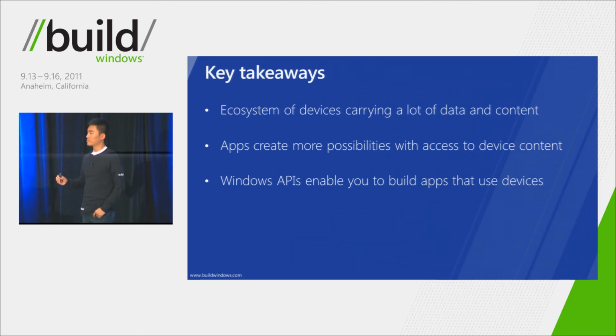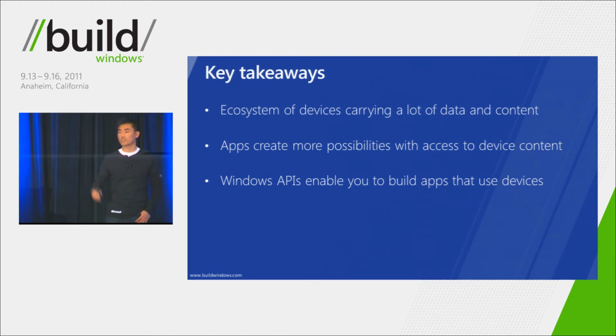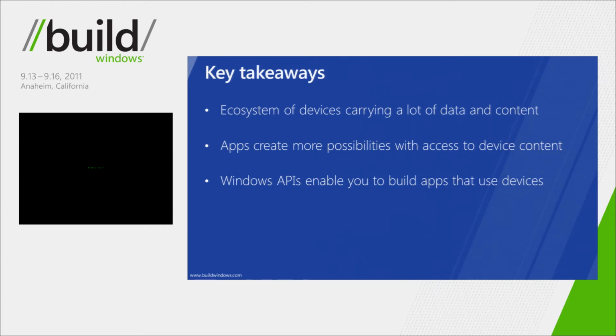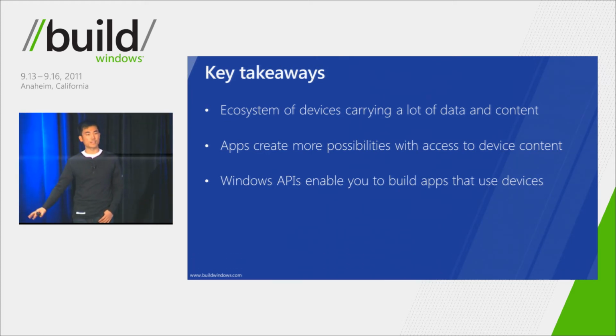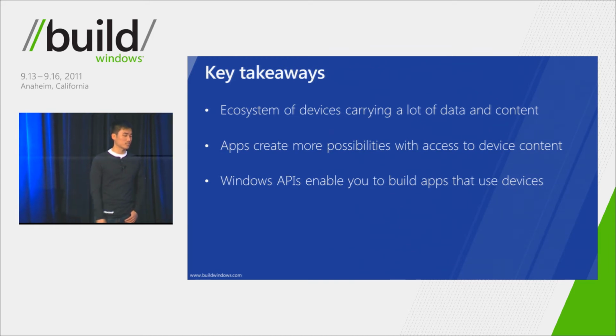So as I just talked about, Windows has a broad ecosystem of various different types of devices that you can use. The devices carry lots of interesting data and content. We showed a GPS device. We showed cameras. There's also health devices and fitness devices that can track how many miles you run. We didn't demo that today, but there's just a lot of devices that you can use from your Metro-style app.